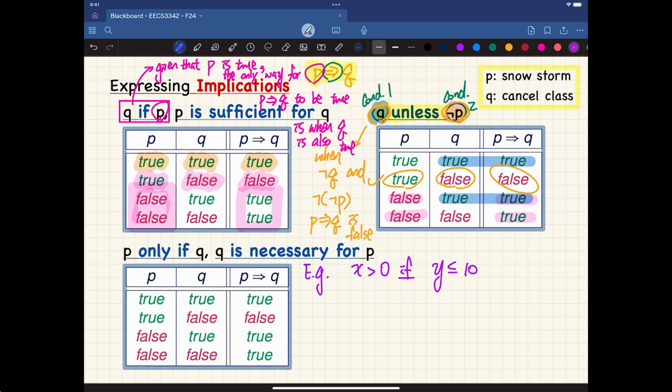For example, that's what I put for you, right? In that way, this is in some ways still English, but I'd say translate this into a proposition. How would you do it? In this way, you should translate it into y less than or equal to 10 implies x larger than 0. That's one way, right? Maybe that's what you were asking?